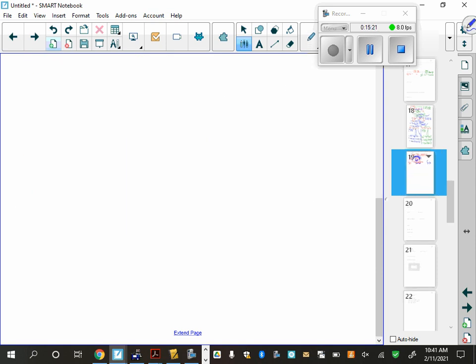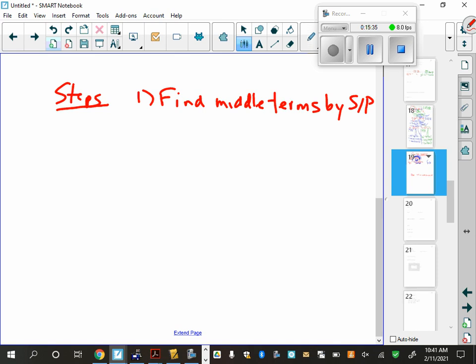The Coca Cola Shuffle. Better stay in red. 1, find the middle terms by sum product. Exact same first step as decomp. Second, create the first term.